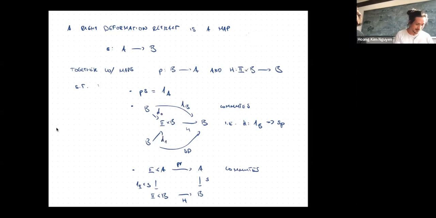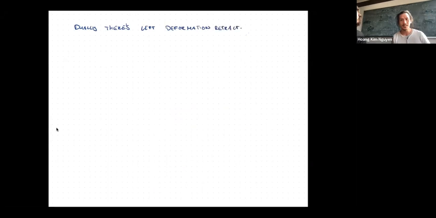So dually, there is a left deformation retract. And really, the direction matters here again: one representing right adjoints, and the other representing left adjoints.